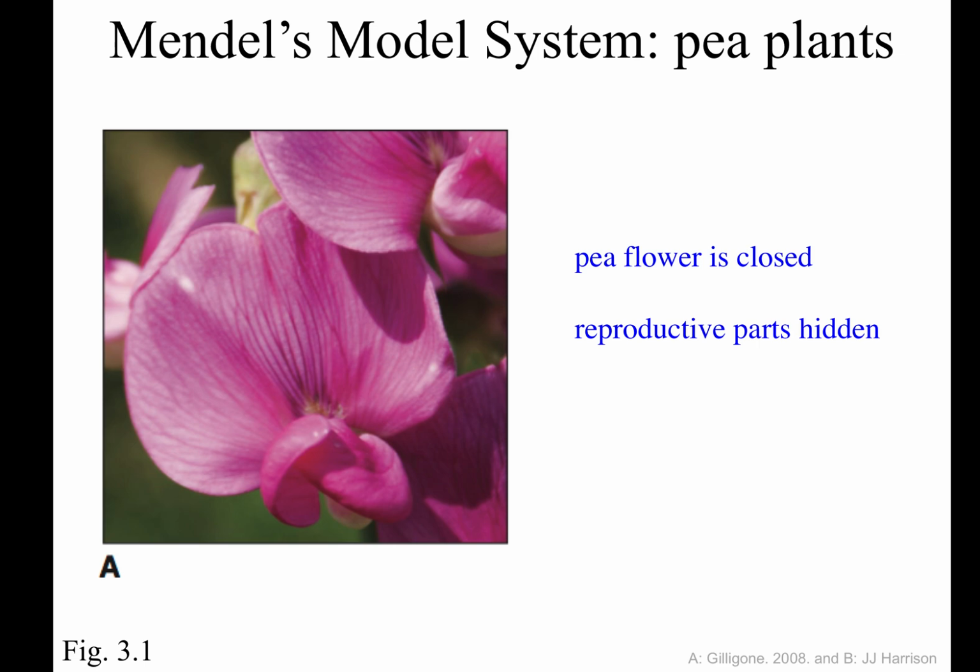The pea plant was not great in terms of how long it took to generate, but he had some time on his hands, and he could perform these experiments over the course of years, and he could follow characteristics. He didn't need any fancy equipment, didn't need microscopes or anything like that.